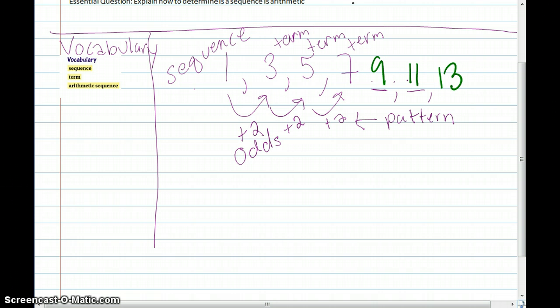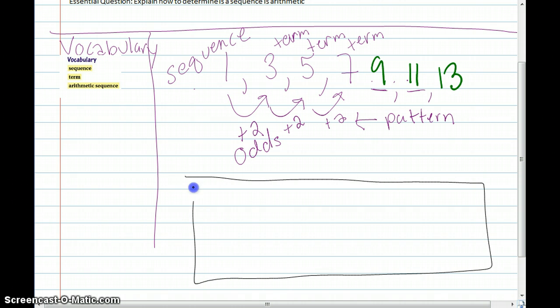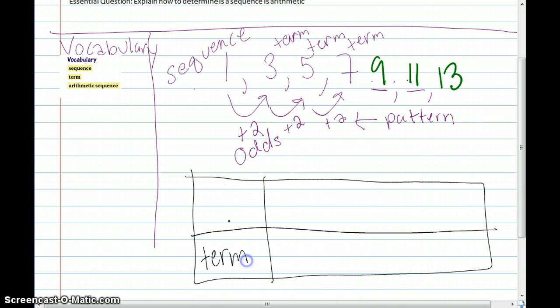Alright, the next thing you have to notice is when you're using a table. You can use a table to find your odd numbers, in which you have the term and then you have its position. It's kind of like when you're standing in line for lunch. Are you first? Are you second? Are you third? Are you fourth?